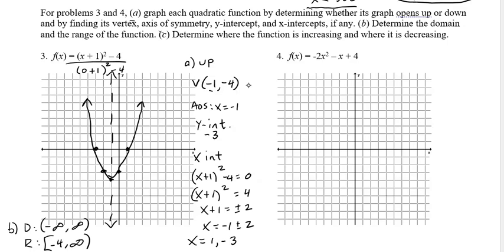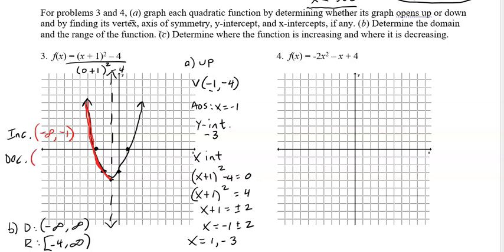And then where is the graph increasing and decreasing? That's all about the x-coordinates of the vertex, and it's decreasing on this left side. All right, so where I'm highlighting in red, that's from -infinity to -1. Remember, it's about the x-coordinates, about increasing, decreasing.